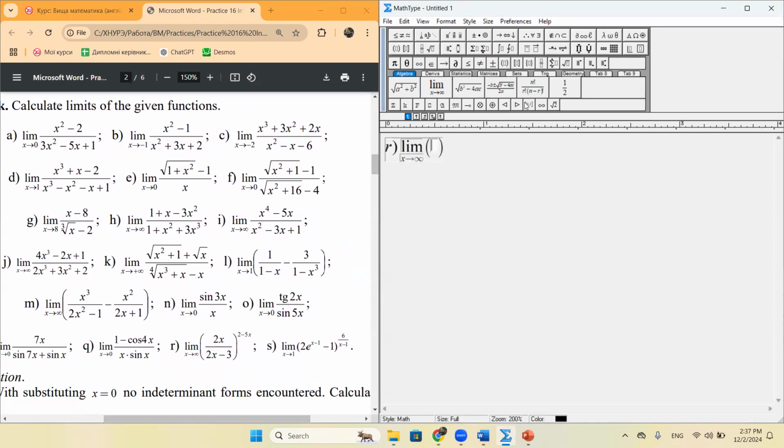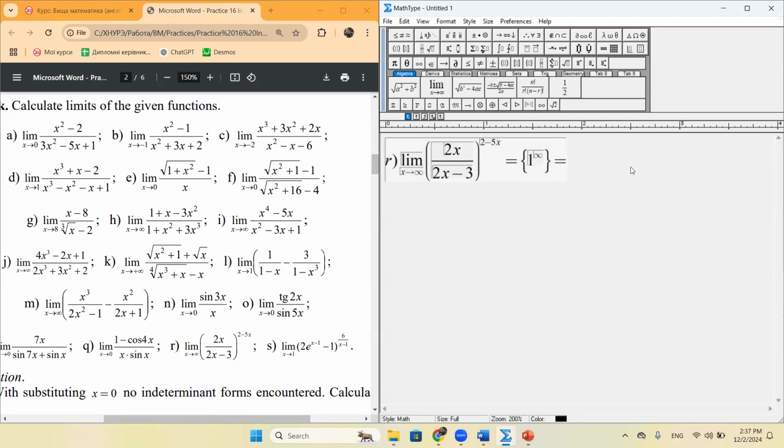So what do we have here? 2x by 2x minus 3, in power of 2 minus 5x. So we have the following indeterminate form, 1 in power of infinity.